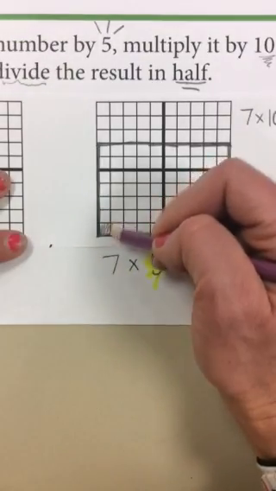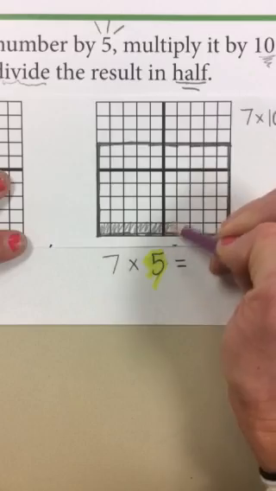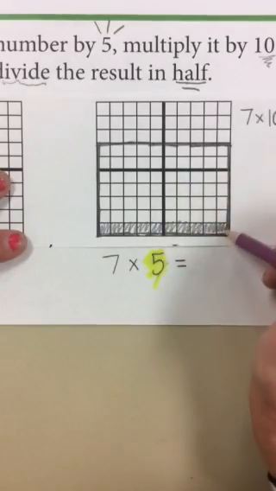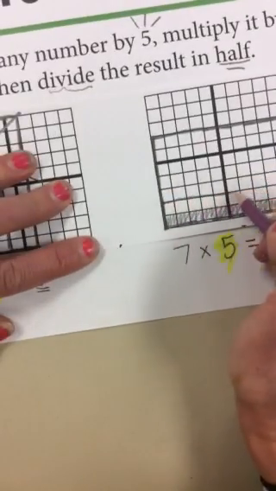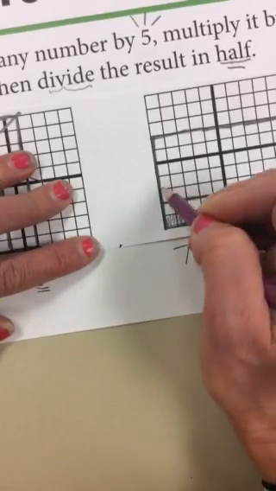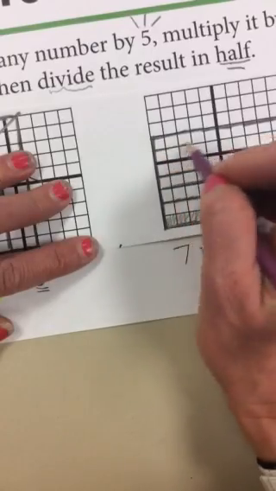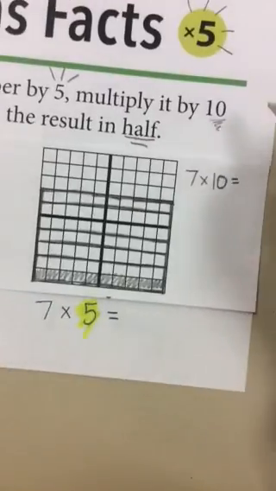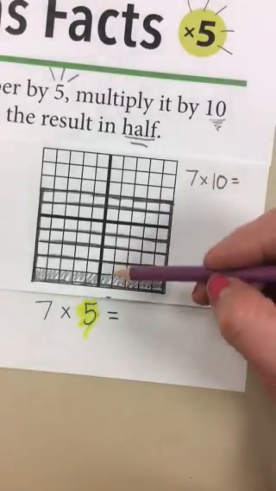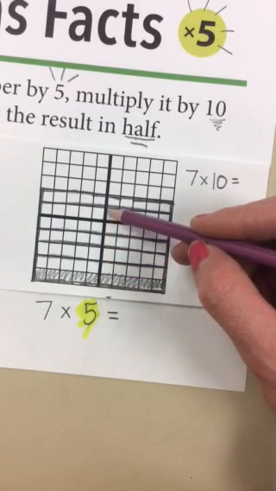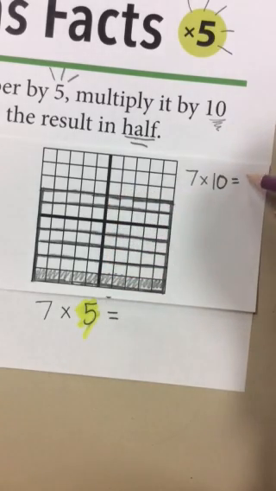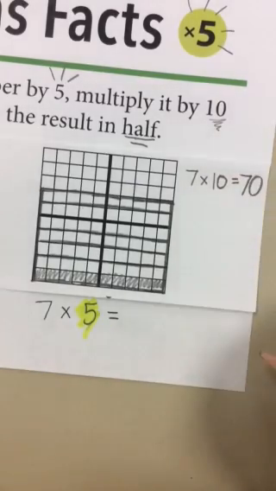That makes it easier from our last strategy. So I'm shading in a 10. And I'm outlining the rest of the 10 so I can easily spot them. Oh, how many 10s are there? You got it. 7 of them. So we're at 10, 20, 30, 40, 50, 60, 70. 7 10s is the same as 70.